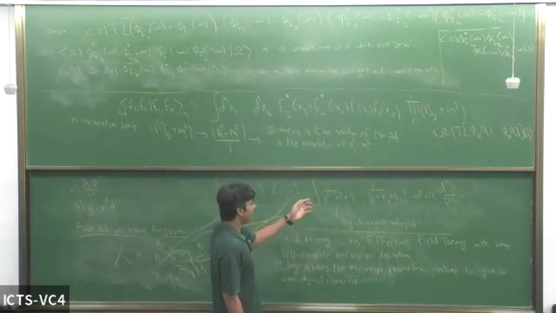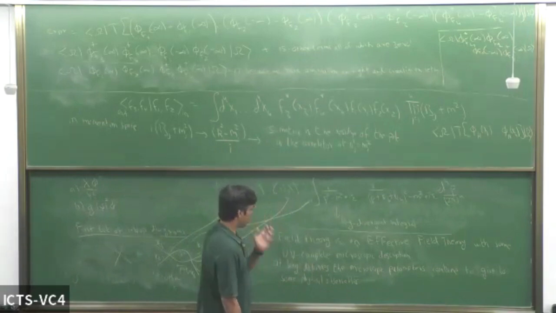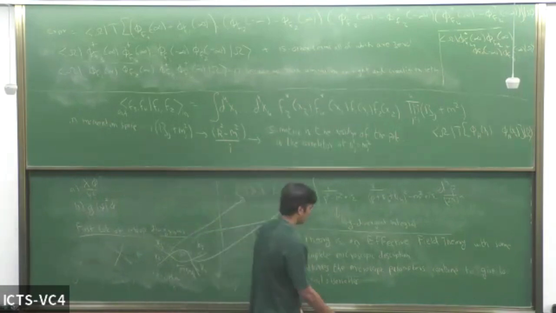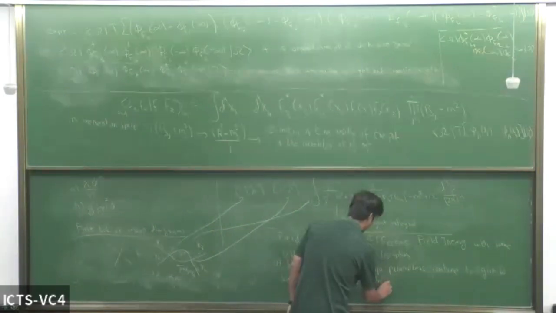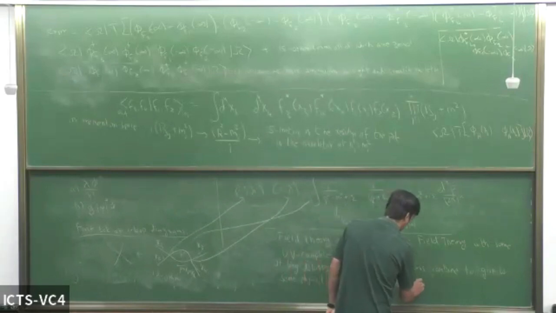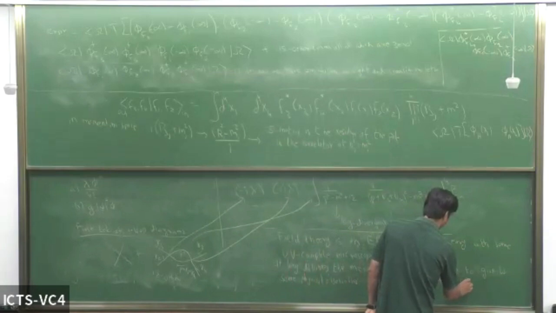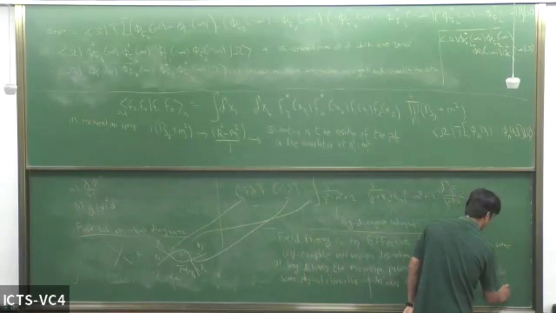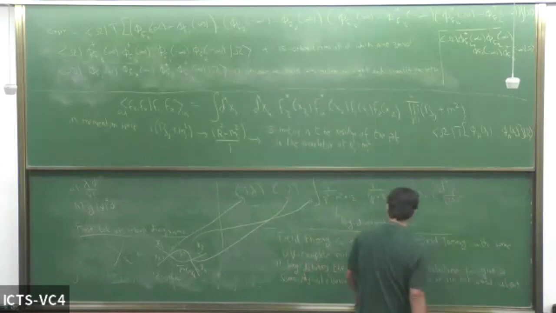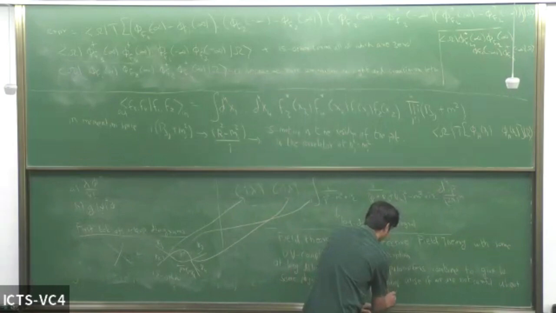So these infinities we now think of as arising if we are not careful about relating physical observables.